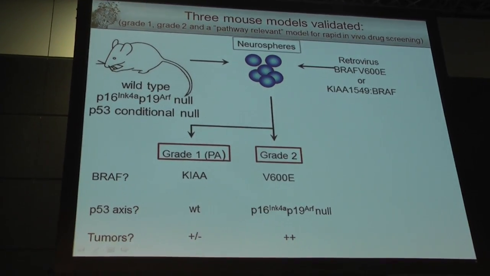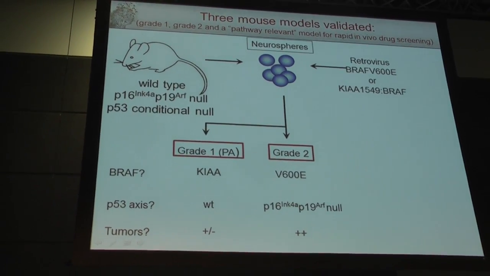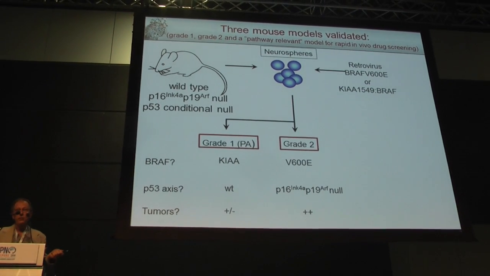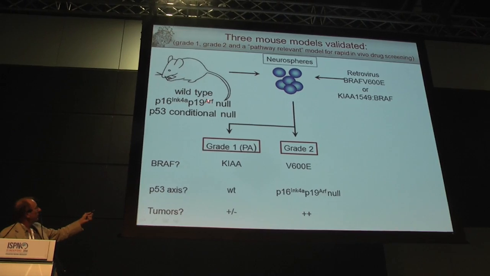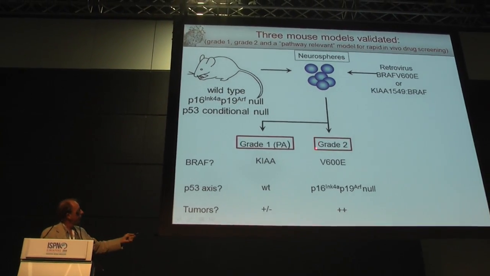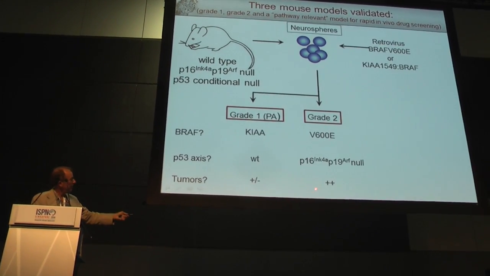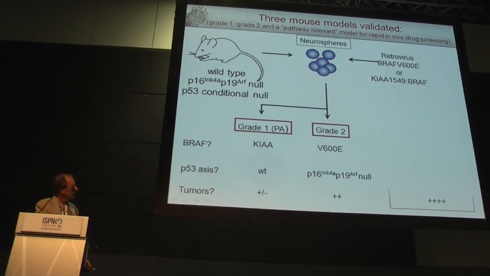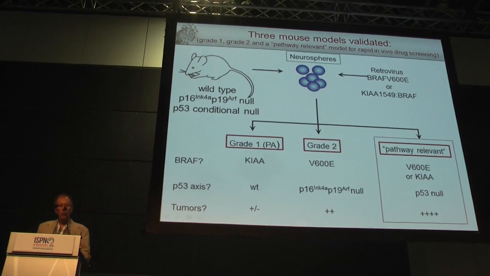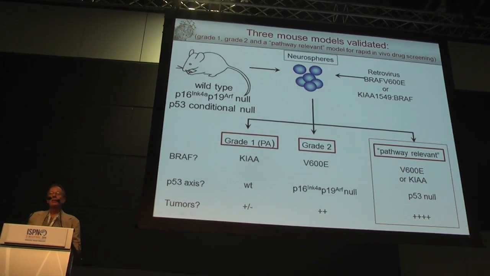Our model for the higher grade, low-grade astrocytomas, diffuse fibrillaries, low-grade astrocytoma not otherwise specified, is we start with the p16INK4A/p19ARF null mouse, put in the V600E, and these things are sort of tumorigenic, as we'll see in a minute. And we have one more model which we call pathway relevant.